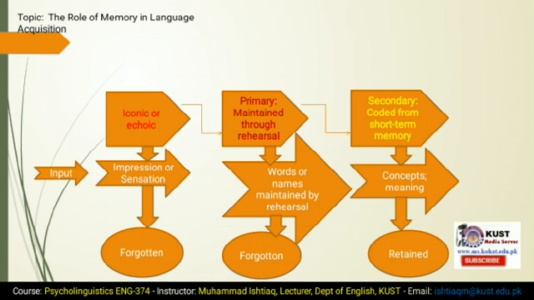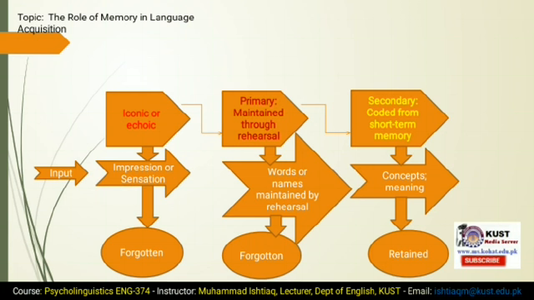Sensory information first enters sensory memory, also known as iconic or echoic memory. From there, it may go into short-term memory. It may go, not necessarily go, if conscious attention is there. If attention is lost, it may not be transferred to the short-term memory, also called primary memory.